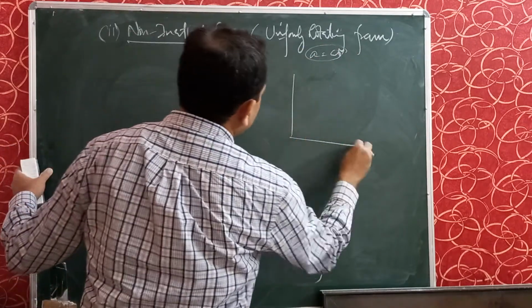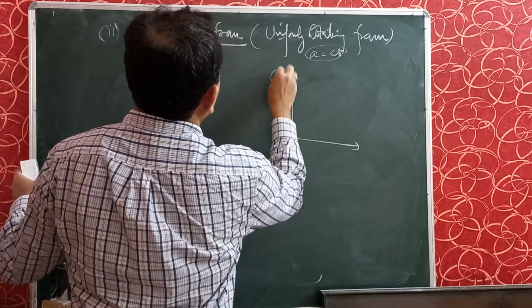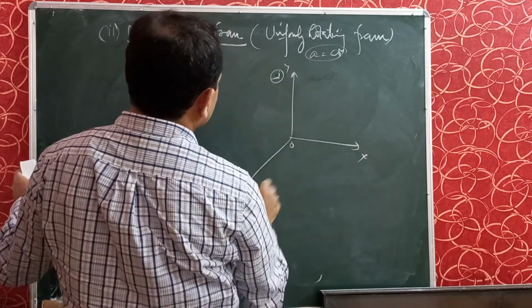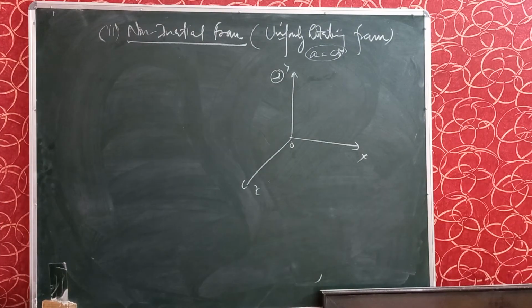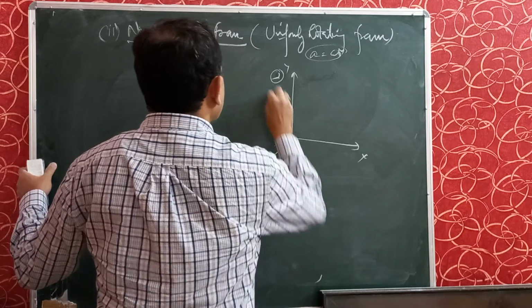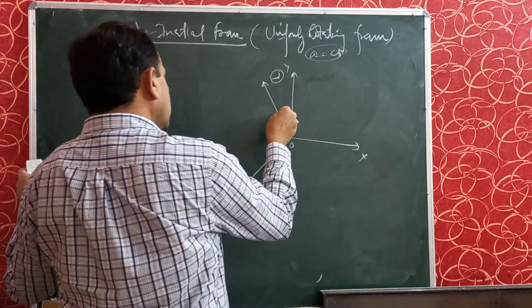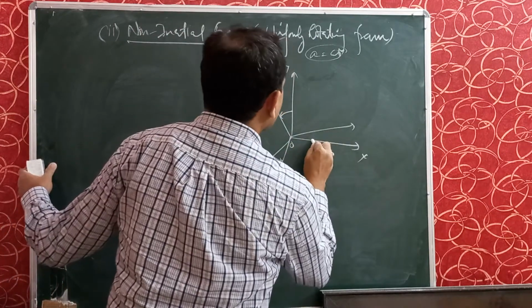So, what is this frame? The S frame is fixed, that is, the x axis, y axis, z axis are at rest. But in this case, the second frame is rotating. This frame is rotated toward this side, and x is rotated toward this side.